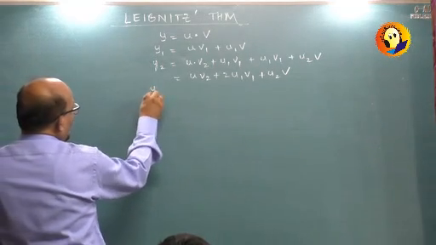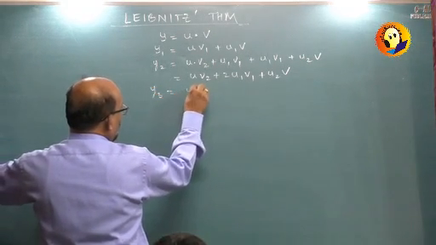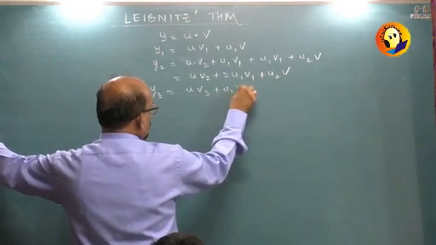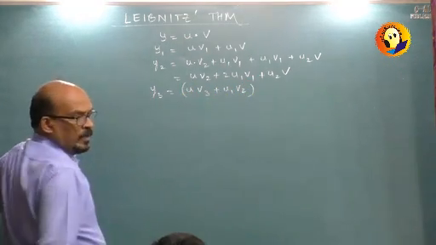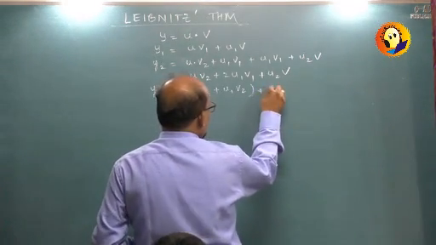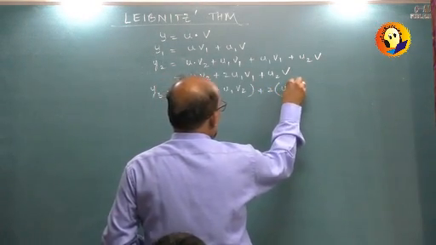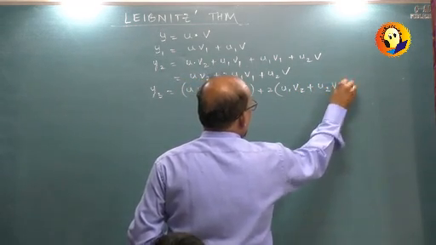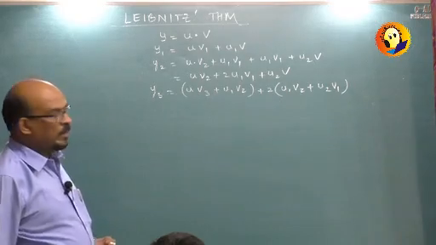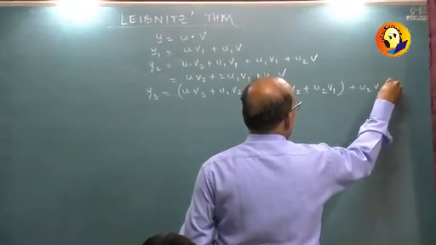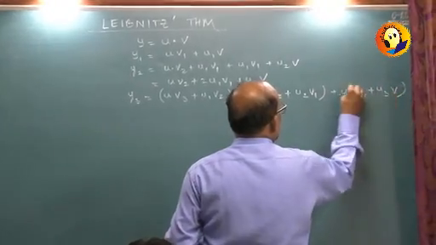If we go for finding y3, it will be u v3 plus u1 v2, that is the differentiation of the first one, plus 2 into (u1 v2 plus u2 v1), plus it will be u2 v1 plus u3 v.